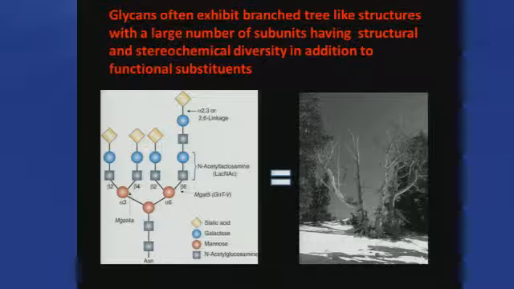There are a lot of different subunits that have varying substitution in terms of functionalities that are added on. And you have several sites at which the actual branching may occur. So you get these highly branched structures, not linear at all. They look like trees there.